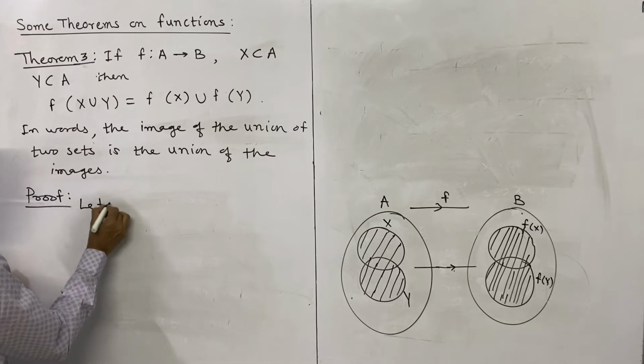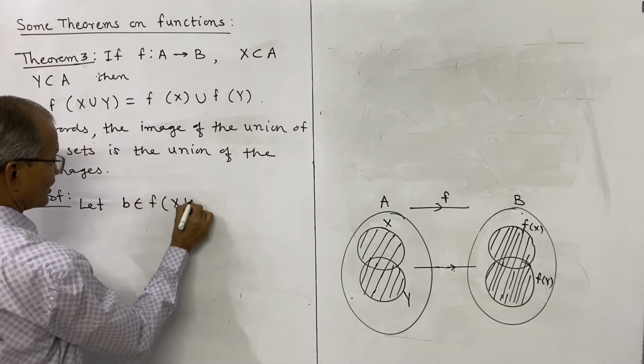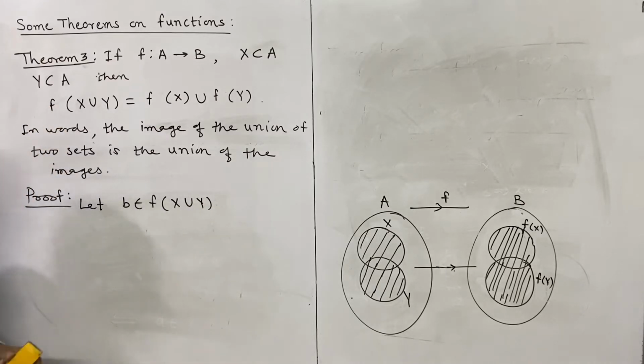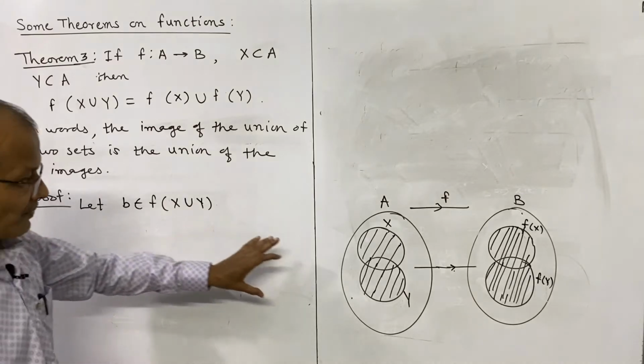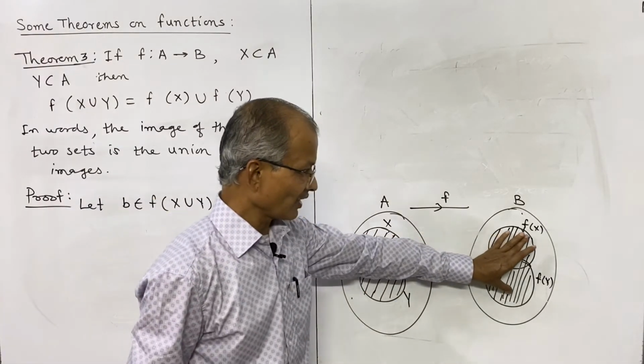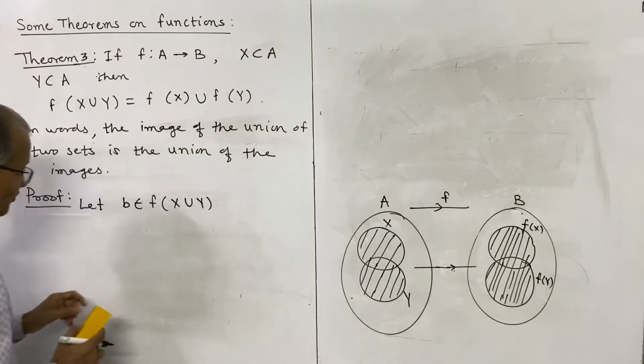Let B belongs to f of x union y. That means see f of x union y, so that is here somewhere, and therefore B is in this set that we have supposed.